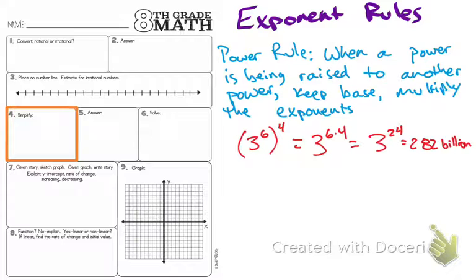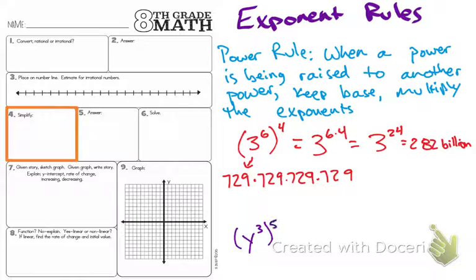We've worked with 3 to the 6th power a lot. We know that that's equal to 729. And if that is being raised to the 4th power, that would look like 729 times 729 times 729 times 729. And again, the answer to that is in the 282 billions.